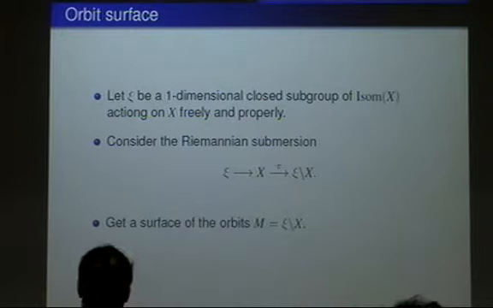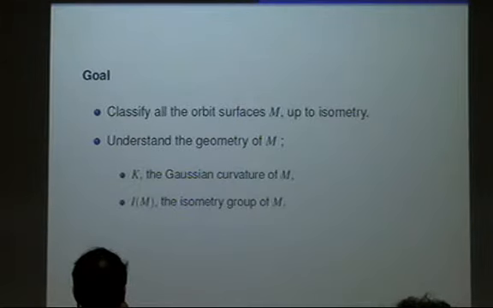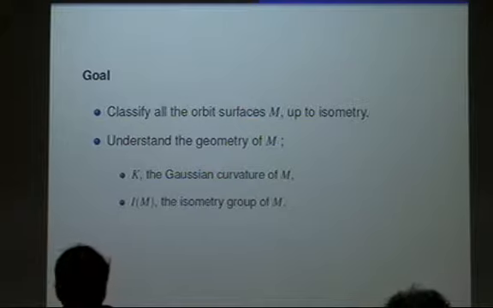So now from this Riemannian submersion, we can think of the base manifold. This is the surface. I will call it the orbit surface. I'd like to have interest in the geometry of this orbit surface. So first of all, what I want is to classify all the orbit surfaces up to isometry. Next is to understand the orbit surface.